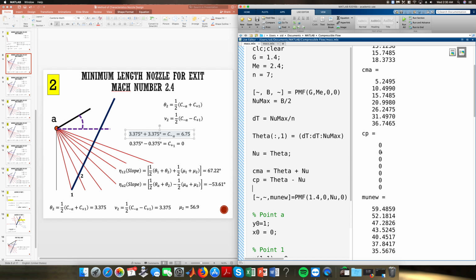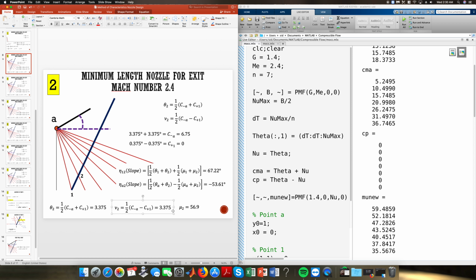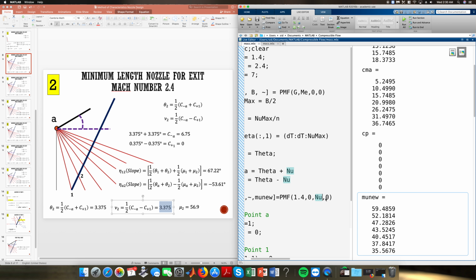And when you look at the Mach angle, it looks like we are simply finding the Mach angle of whatever theta value we end up getting, right? So, hey, that's great. Let's look at nu right there. Now you have everything you need.